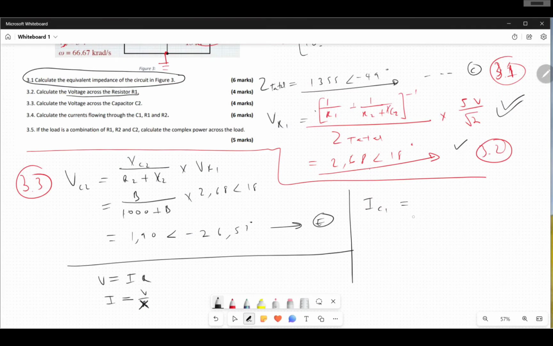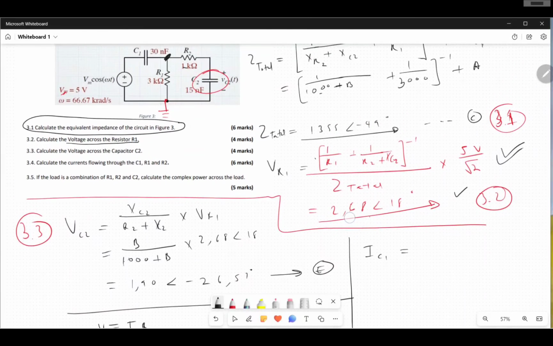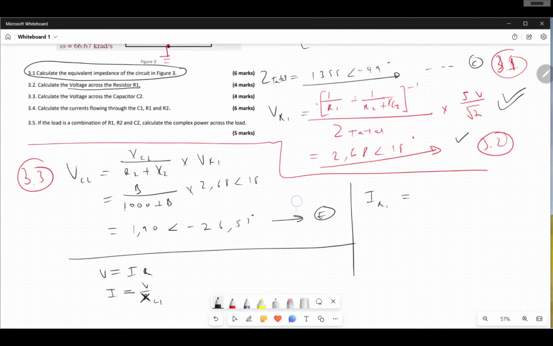Okay, so it's C1. So voltage across C1, do we have voltage across C1? Yes, we do. Okay, let me just start with R1 because I know everything with R1. Where is R1? Yeah, let me start with R1 because my brain is responding when I'm talking about R1.